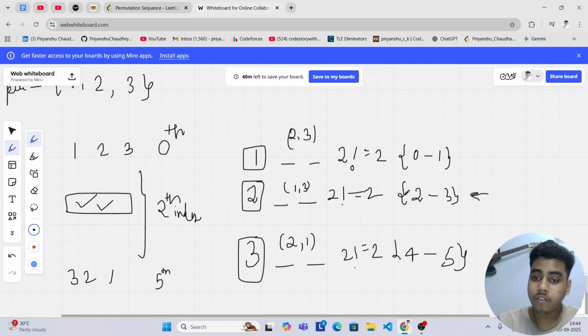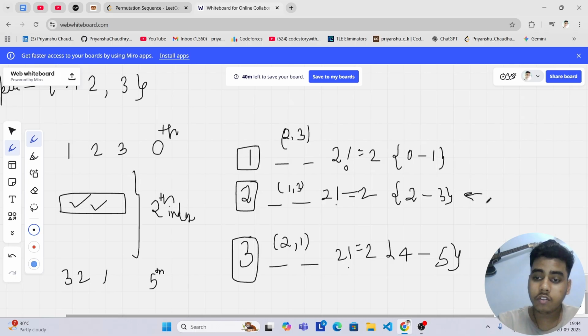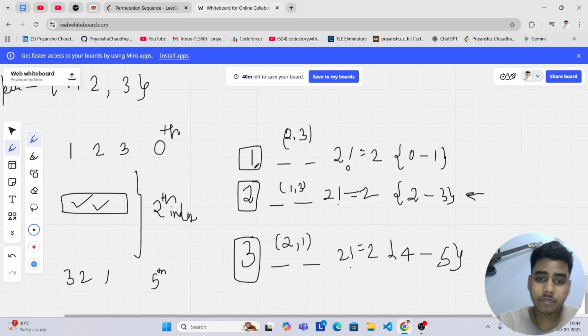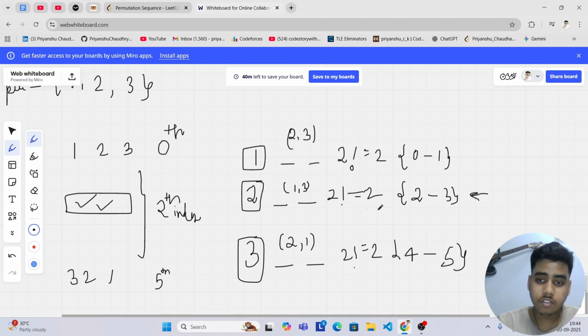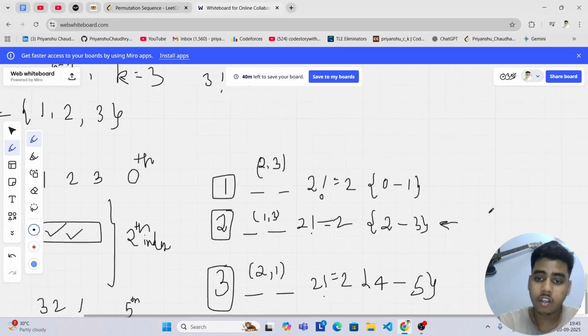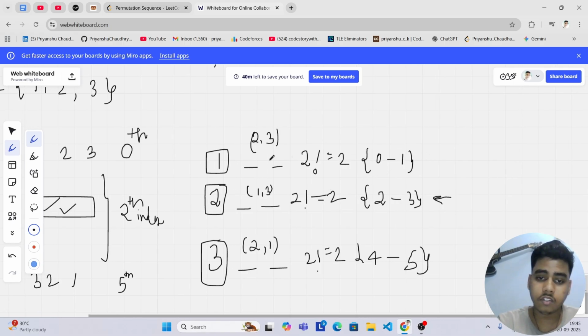So from here I will find where my 2nd index is lying. How can you know where my 2nd index is lying? This is easy. We are just given k is 3 here, and we can just check where this 2 is lying.